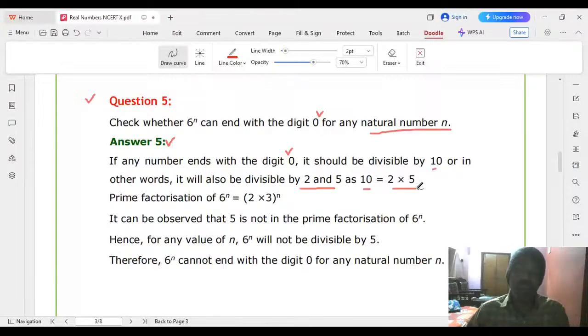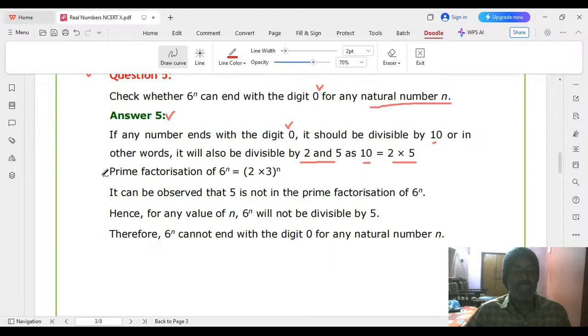Hope there is no problem understanding up to this step. So if any number ends with the digit 0, then it is divisible by 2 and 5 as well as 10. When any number is divisible by 2 and 5, it is also divisible by 10. Now the prime factorization of 6 to the power n: the prime factorization of 6 is 2 into 3, to the power n.